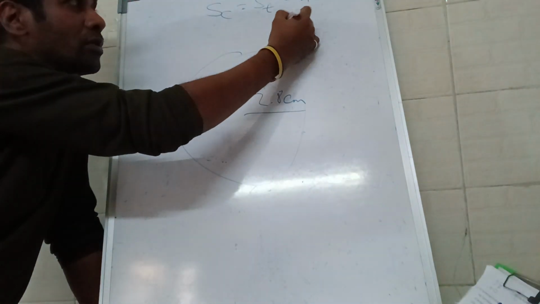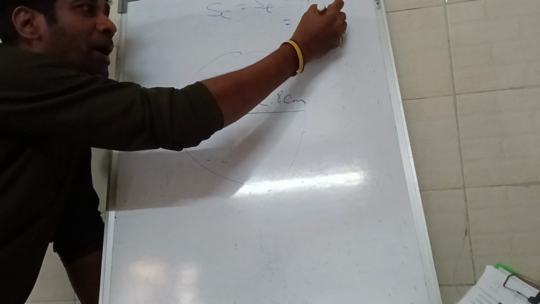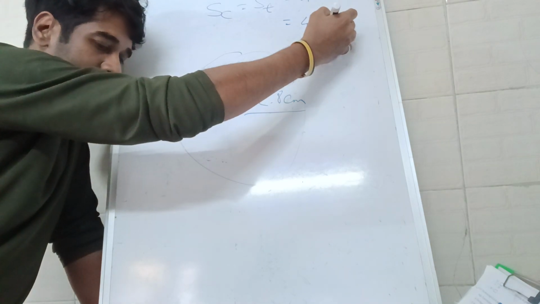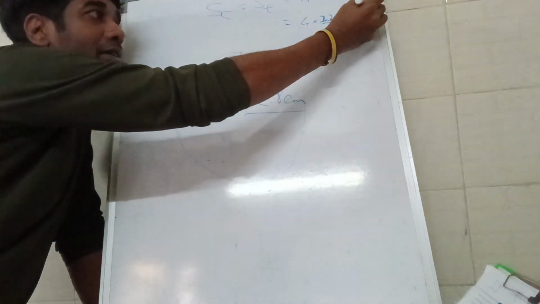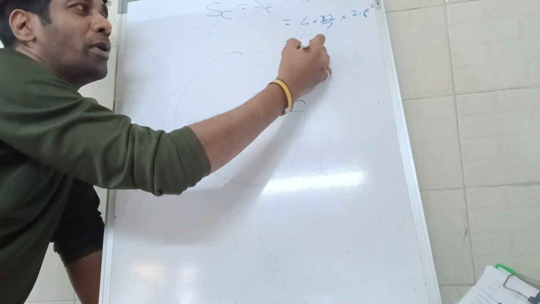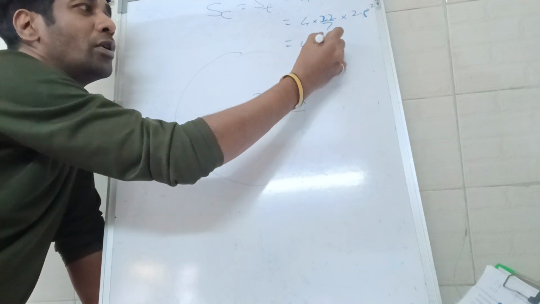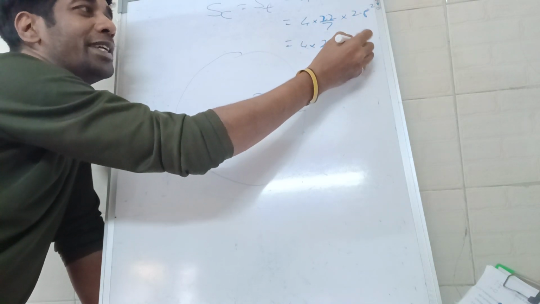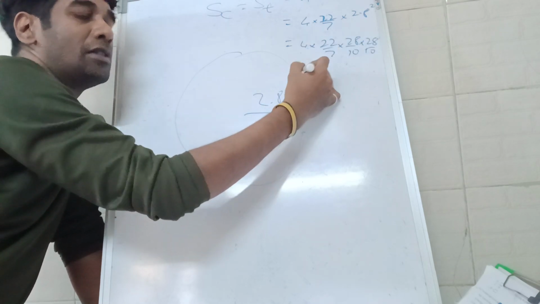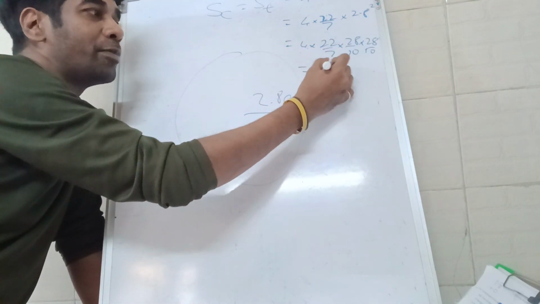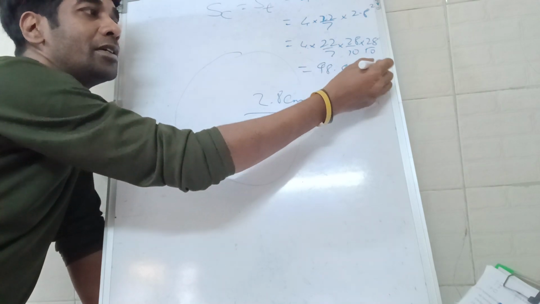Put the values. For pi is 22 upon 7 and the radius is 2.8, the whole square. 4 into 22 upon 7 into 28 upon 10 into 28 upon 10. You solve this and you'll get 98.56 centimeter square.